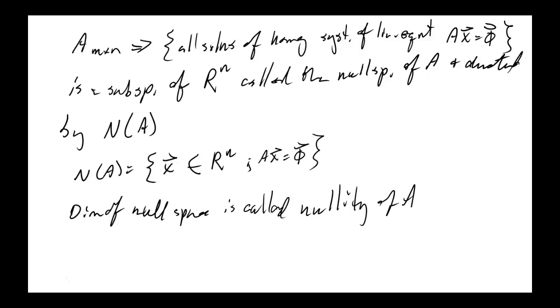Then the dimension of the null space would be one. But if there are others, it would be however many others there are, the one plus how many others. So if there were the trivial solution and two others, then it'd be 3.